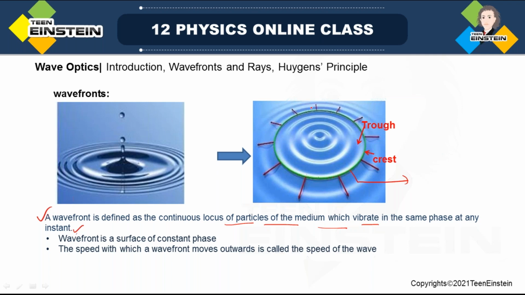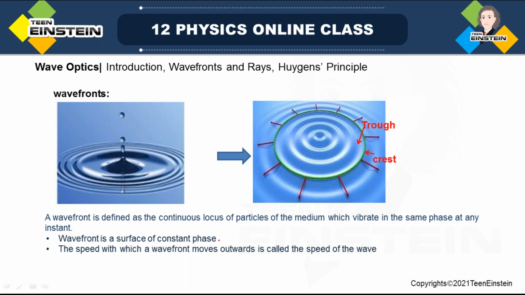So this circular pattern is called wavefront, because I am connecting all the particles with a line in a circle. The locus of all such points which are vibrating in phase is called wavefront. This definition is very important. You have to know what is wavefront.